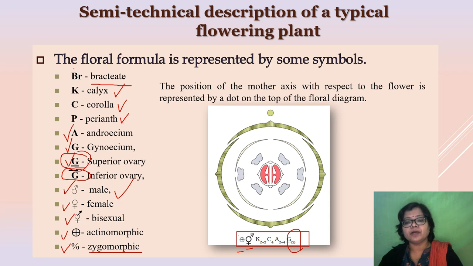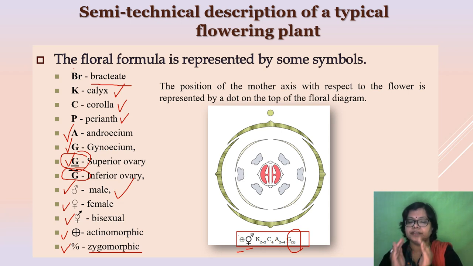So from the floral formula we can understand the adhesion and cohesion of the whorls or between the whorls. Adhesion of the different parts of the whorl is shown by writing the number within a bracket. For example, as I told you here, 2 pistils are fused together.